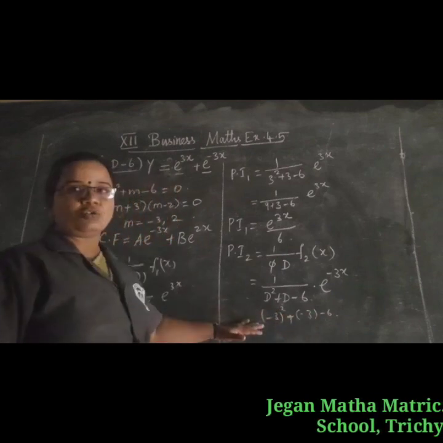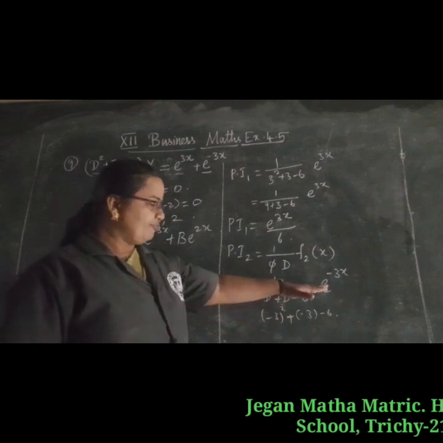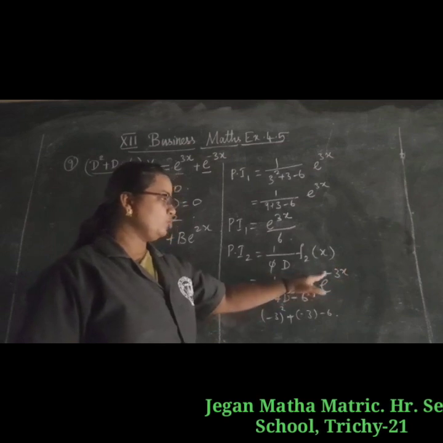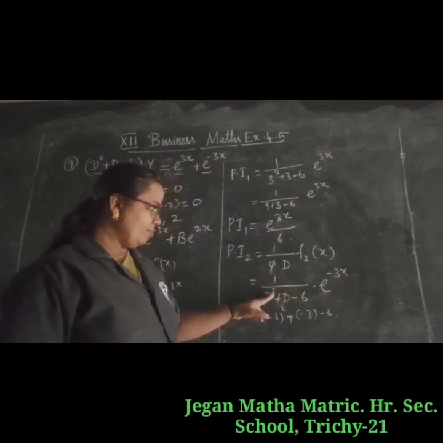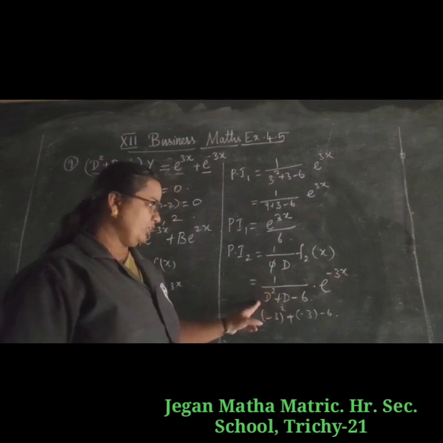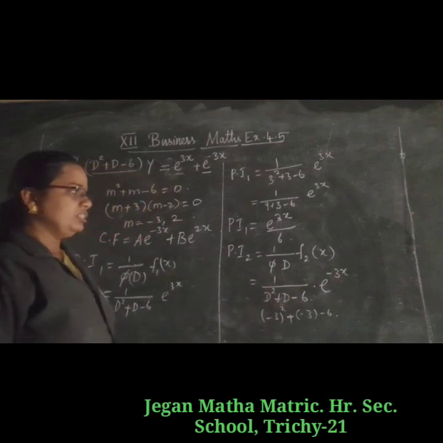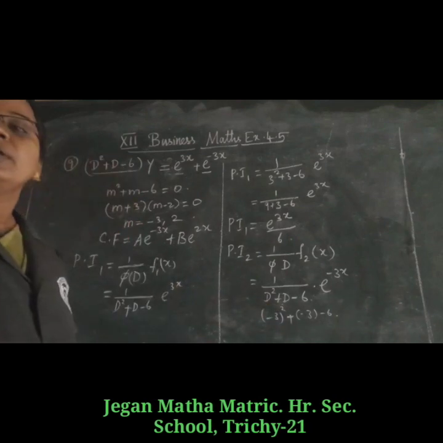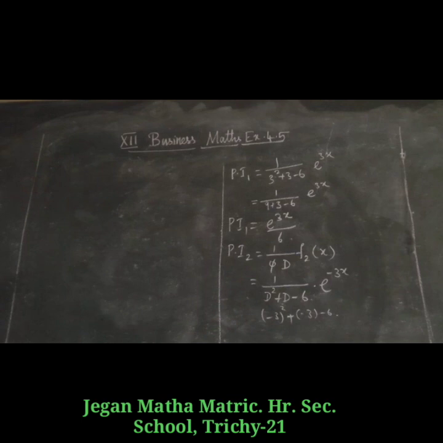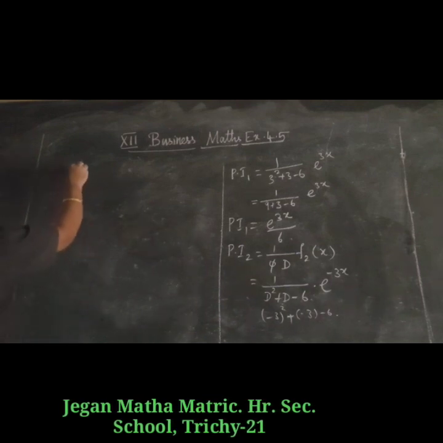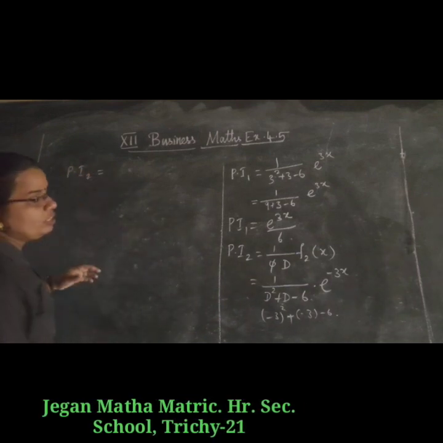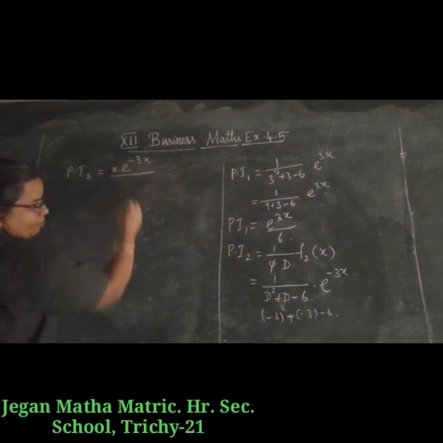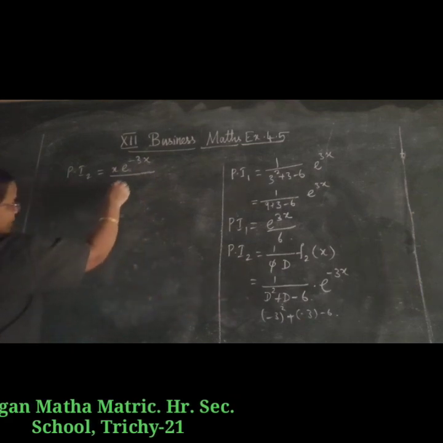If it comes 0, we have to differentiate the denominator. So what is the differentiation of this? x into e power minus 3x divided by the derivative of D squared plus D, that is 2D plus 1.